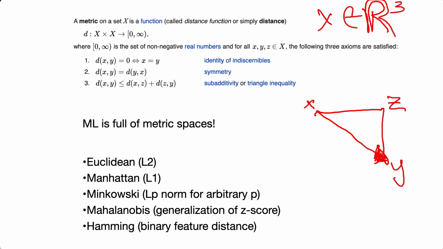It's just the Pythagorean theorem. In Manhattan or taxi distance or L1 space, it's just going to be xz plus zy, because in city block space, you can only go around the city block to get to the destination. You can't go charging all the way through it like you can in Euclidean space.